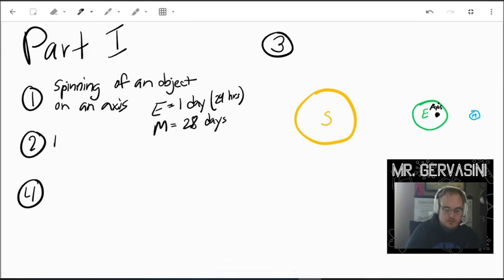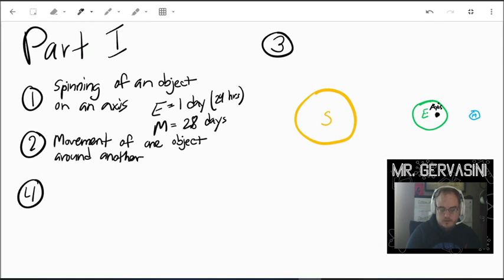Revolution is the movement of one object around another. Very similar to the word that we're going to be using more after we talk about the sun, earth, and moon, and that's orbit. Okay? Movement of one object around another.